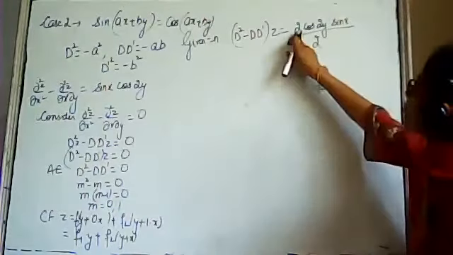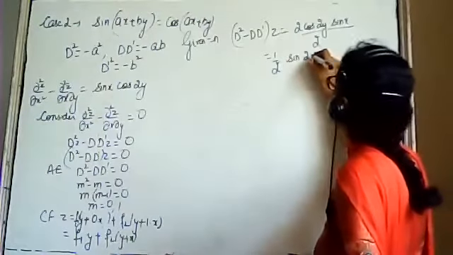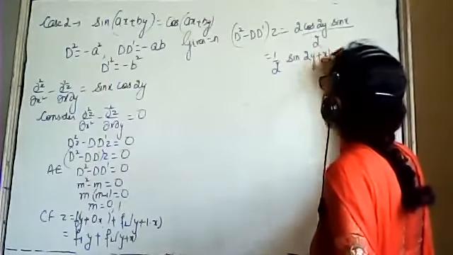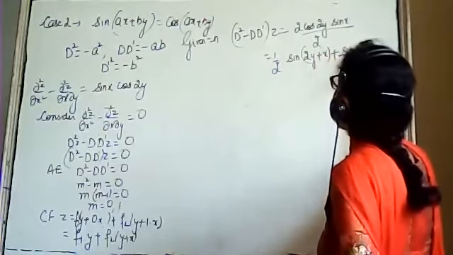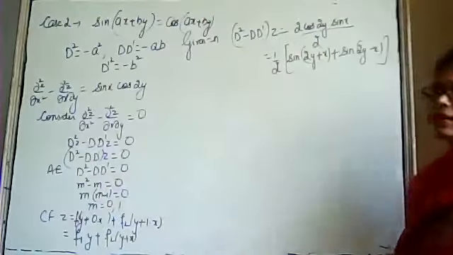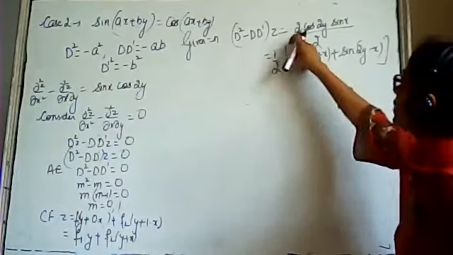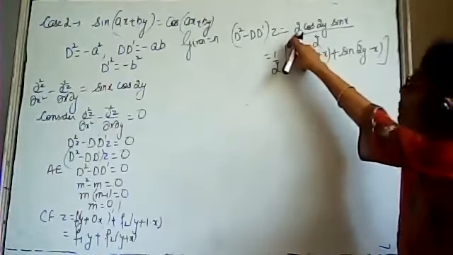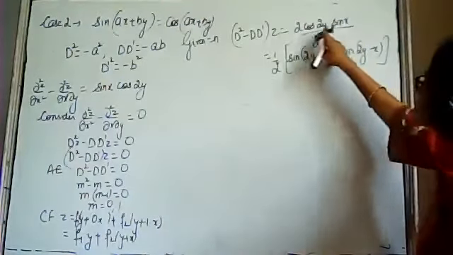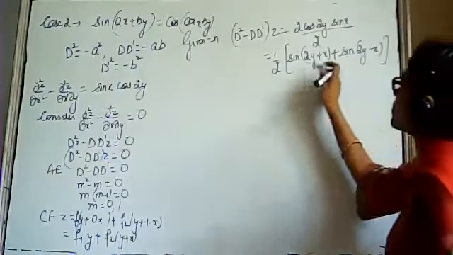Okay, this is of the form 2 cos a sin b. 2 cos a sin b is sin(a plus b) plus sin(a minus b). ठीक है ये? We have multiplied and divided with 2, so it will become 2 cos 2y sin x. This is of the form 2 cos a sin b, sin(a plus b) plus sin(a minus b).